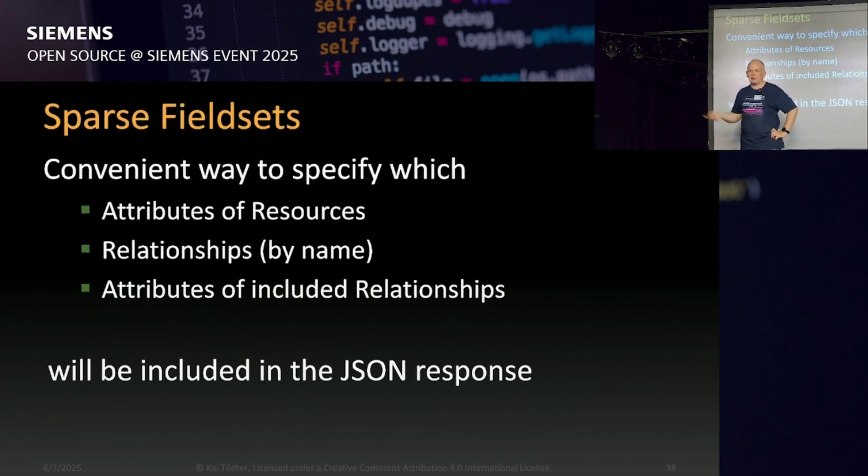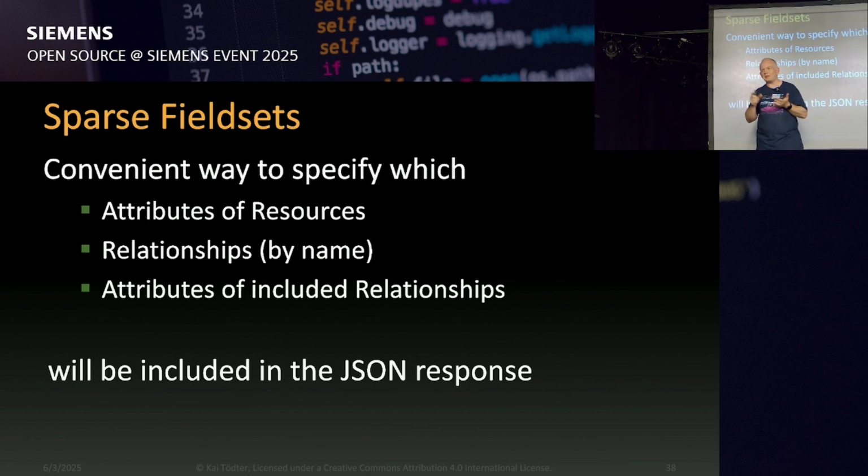And here's another feature that we like pretty much about JSON API called sparse field sets. This means often you have REST resources that have quite a lot of attributes. For instance, at Siemens, we often have device APIs, and a device might have 50 attributes or so.